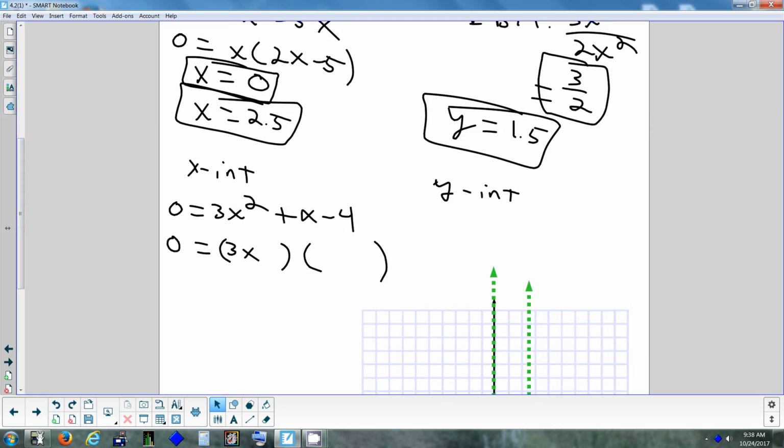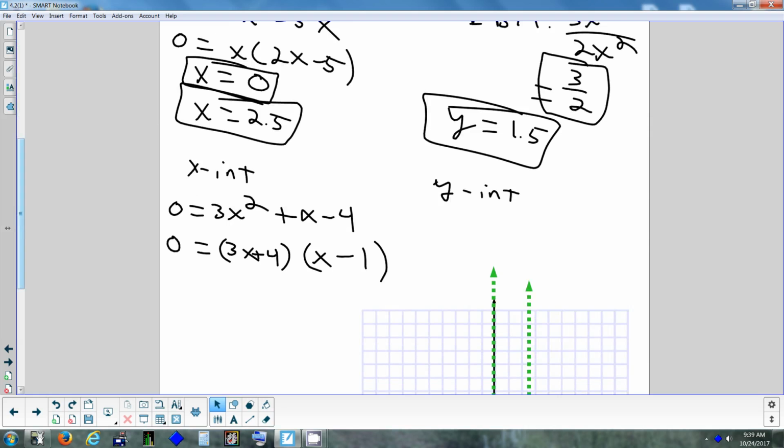We'd have to try 3x and x. Thinking that because 3 times 1 is 3, 1 times 4 is 4, and 3 and 4, if I subtract them, I get a 1. My signs would have to be one of each. And I think I would want minus, plus.